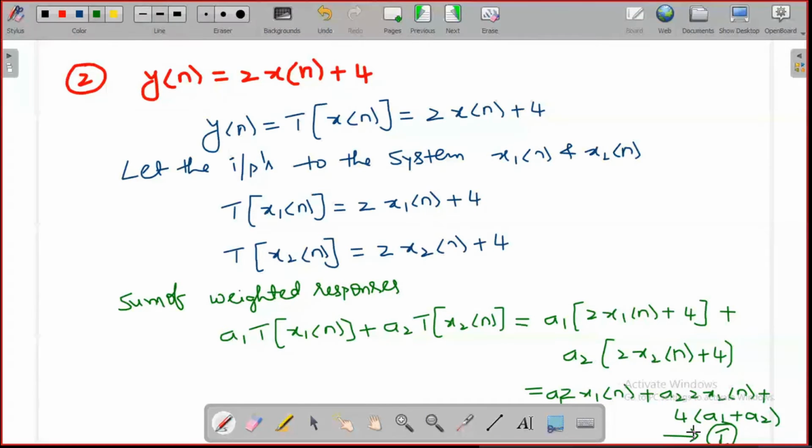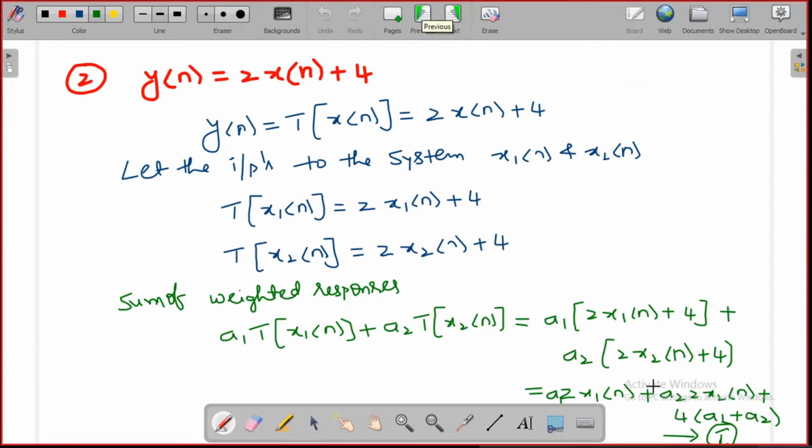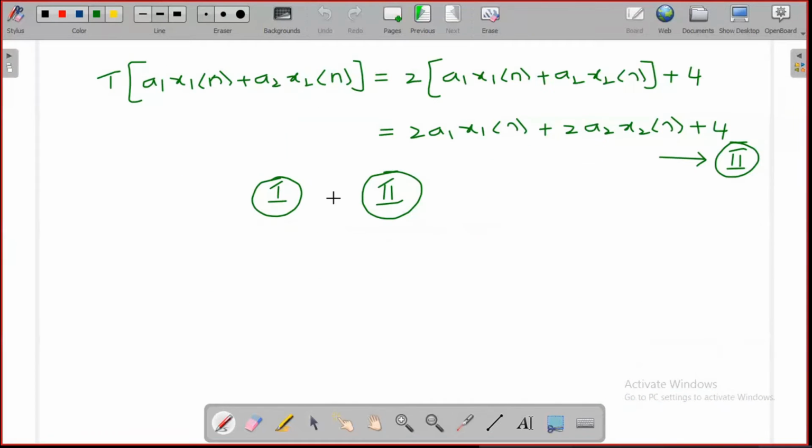Now check these two. Equation 1 is equal to equation 2? The terms are 2a1 x1 of n plus 2a2 x2 of n plus 4. But what is the sum of weighted responses? 2a1 x1 of n plus 2a2 x2 of n plus 4 times a1 plus a2. So these two are not equal.